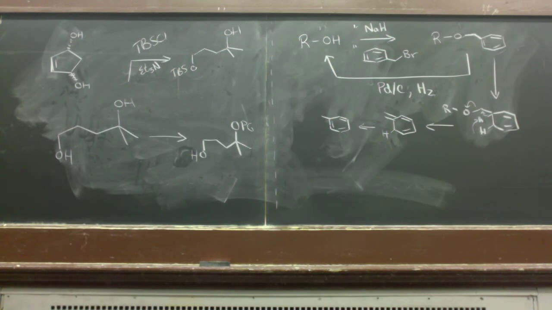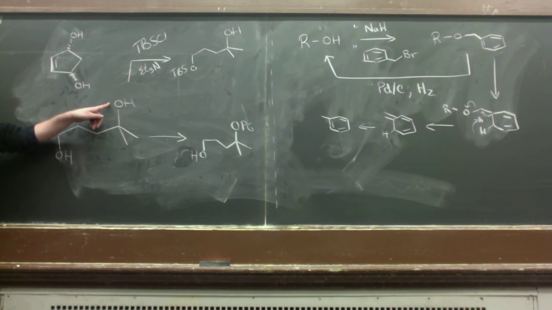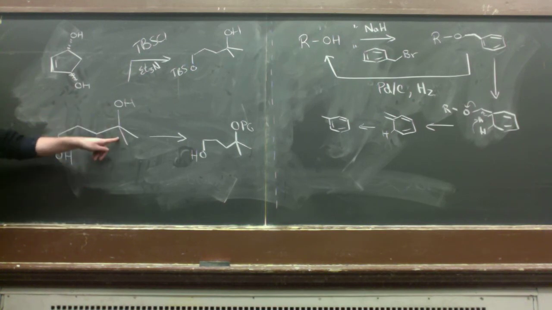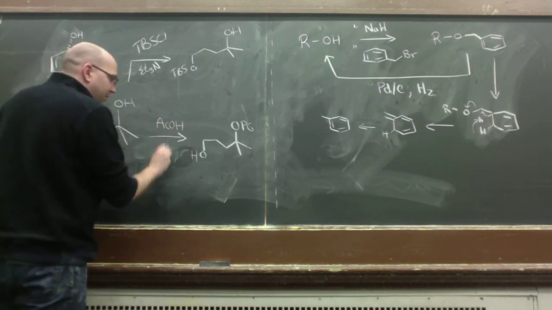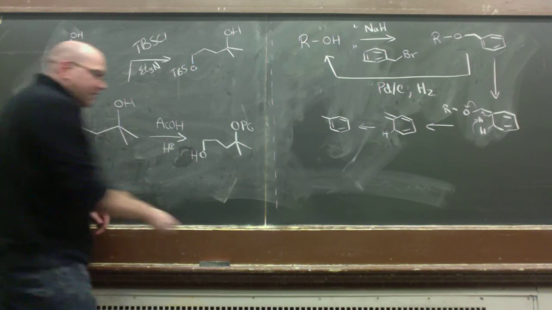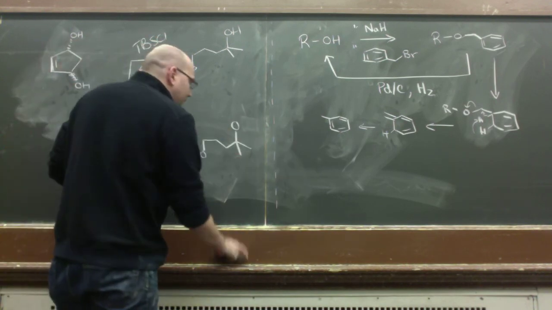Might we invoke a mechanism where, under mild acidic conditions, say acetic acid with a little bit of other acid in there, perhaps we protonate this one, and then you're going to lose the carbocation in the presence of acetic acid, that acetic acid might add there, right, so maybe acetic acid, maybe trace catalytic another acid? I don't know.